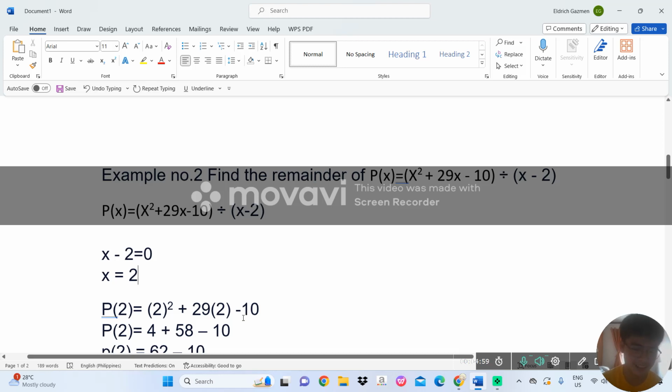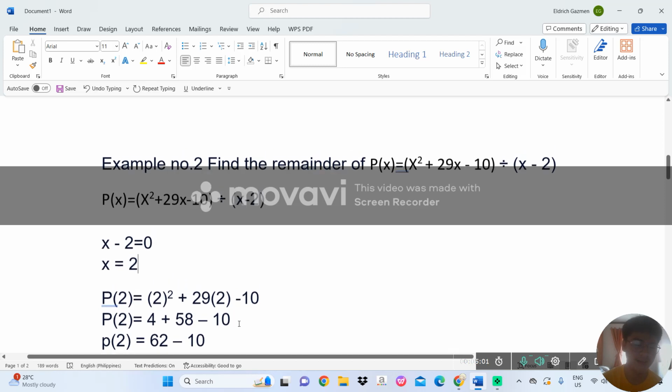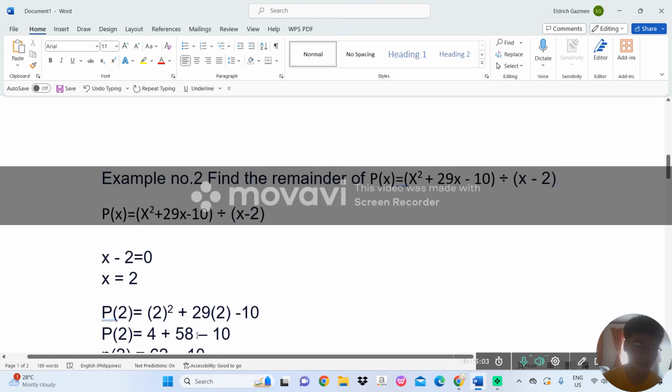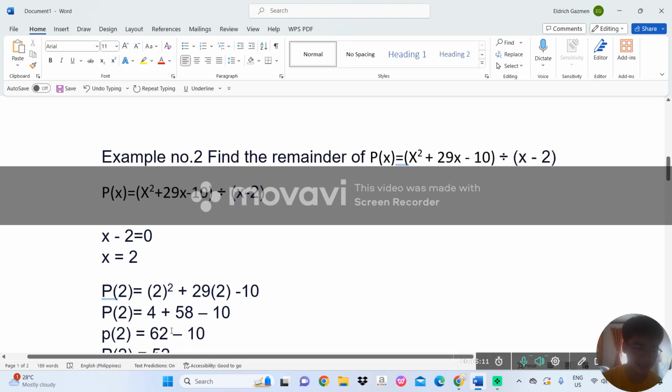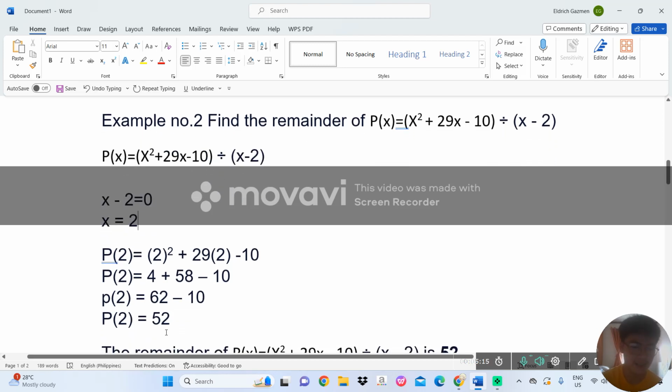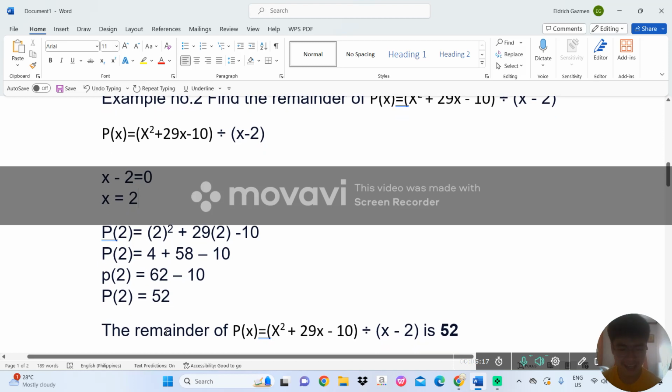We don't do anything to this yet. So following PEMDAS or BODMAS, we have to add everything before we subtract. So 58 plus 4, that is 62. 62 minus 10 is 52. So the remainder of x squared plus 29x minus 10 divided by x minus 2 is 52.